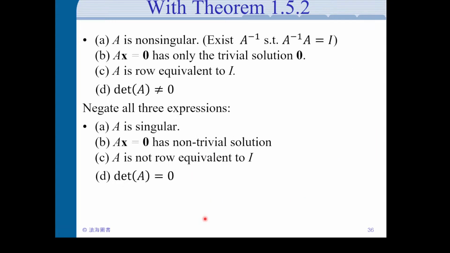And yeah, here is a reminder. Here is all the determinant material together with theorem 1.5.2. Okay. And in 1.5.2 we have those three things together. So A is non-singular if and only if A^-1 exists. And this means that Ax = 0 has only the trivial solution.